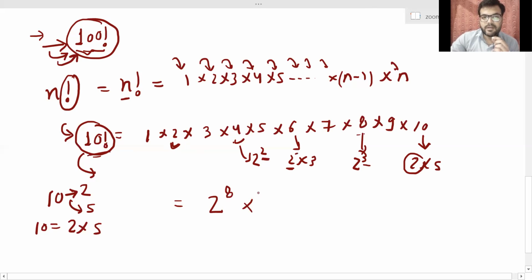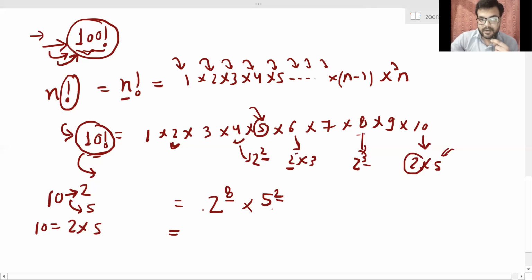Clear? Now let's count the number of 5s. So we have got first 5 over here. We have got second 5 over here. So the total number of 5s will be 2. Okay. So the maximum power of 5 is 2, 5 square. So now very easily you can say that the number of trailing zeros or the maximum power of 10 will be 2, because the power of 5 is less and the power of 2 is more.